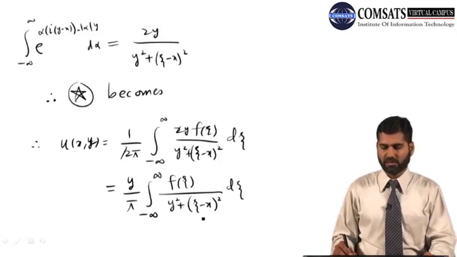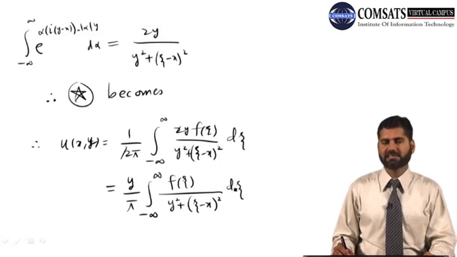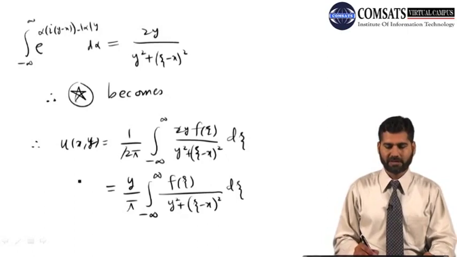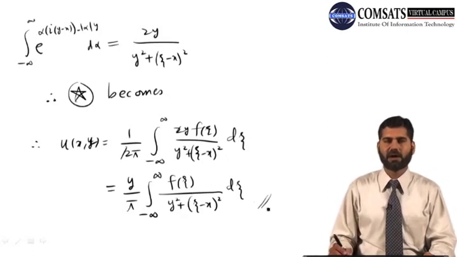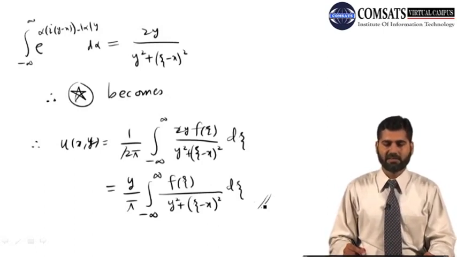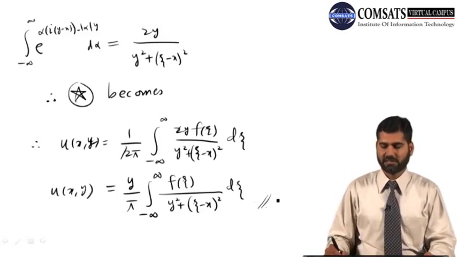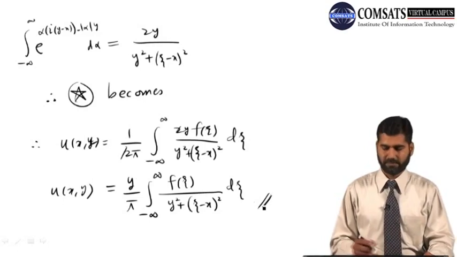When you integrate this thing with respect to xi, of course this will be a function of x and y. So this is your solution, which is called the Poisson integral, which I wrote in the beginning, that our given problem should have the solution of this form, and we were able to prove it now. So that's it for the Laplace equation.